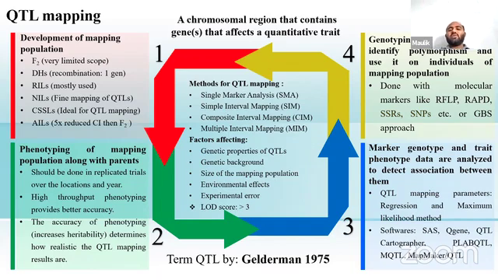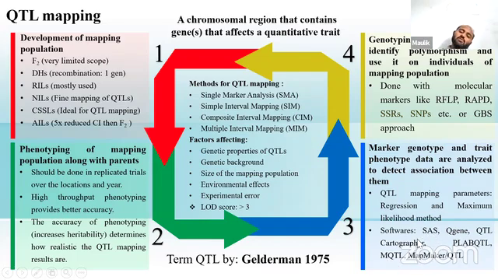There are various QTL mapping methods like single marker analysis, simple interval mapping, composite interval mapping, multiple interval mapping, and various software like MapMaker, Cartographer, SAS.